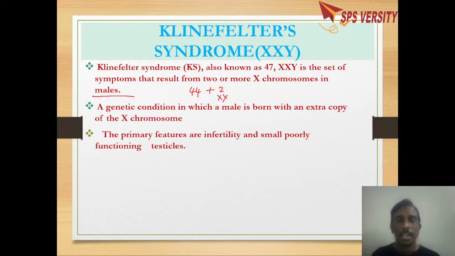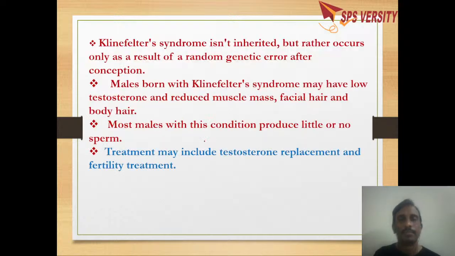But here, there will be one extra X chromosome, that is XXY condition. That means 44 plus 3. Instead of one X chromosome, there are 2 X chromosomes and 1 Y chromosome. It leads to infertility and poor functioning of the testicles, that is testes.